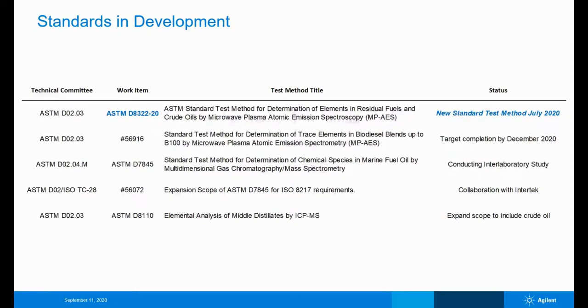The goal is to expand the scope of the element table capabilities and to include crude oil analysis by ICP mass spec. So those are the standard test methods that I am working on and moving at ASTM.